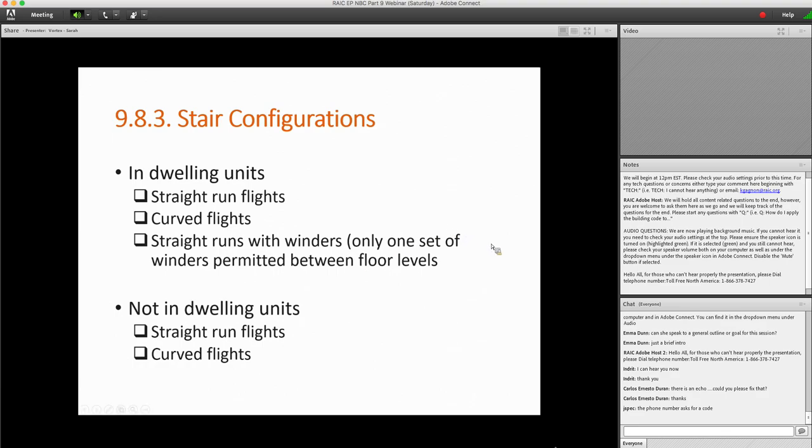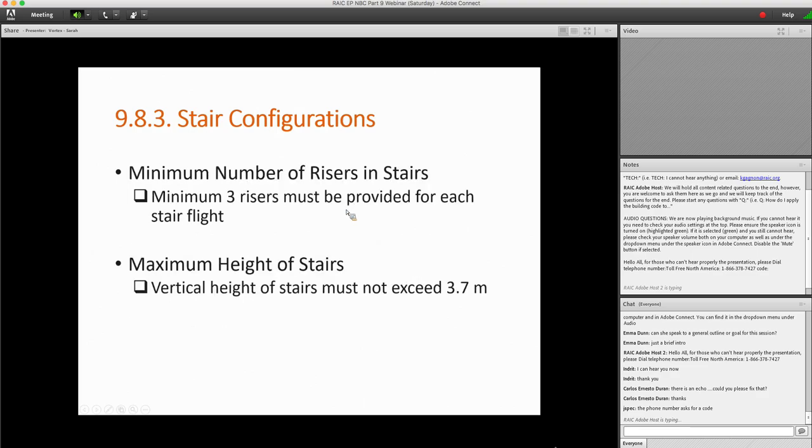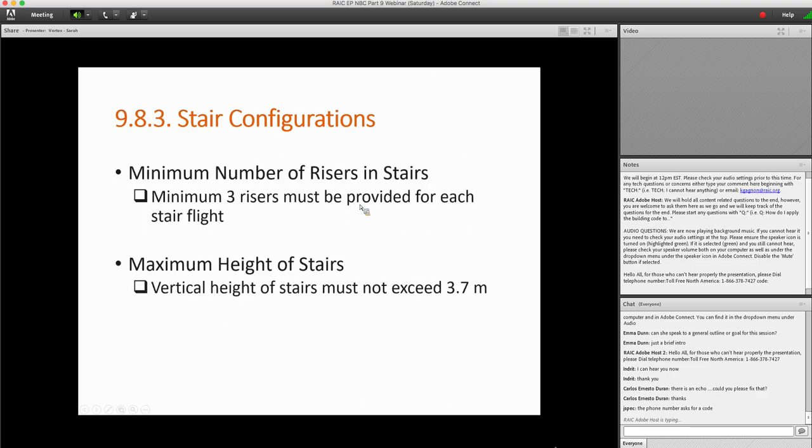For stair configurations, you are permitted to mainly have straight run flights or curved flights. It's important to note that you may see winders in some homes, but these are not permitted in any stairs other than in dwelling units. There are a minimum number of risers in stairs.